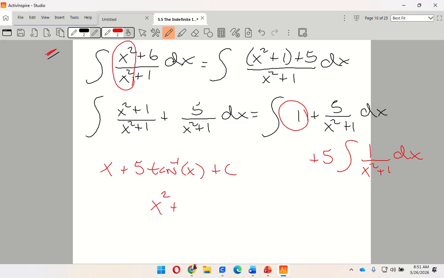squared plus... could I have done this? Yeah, because you can factor in that. There you go. So you have to look at it different ways.